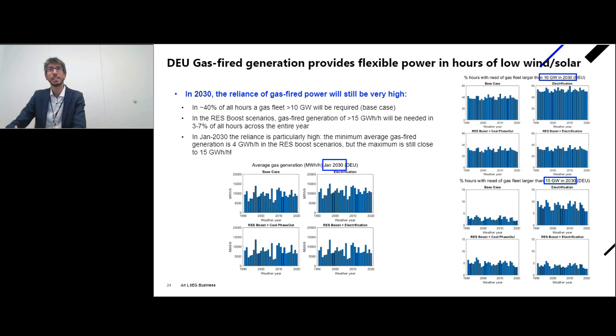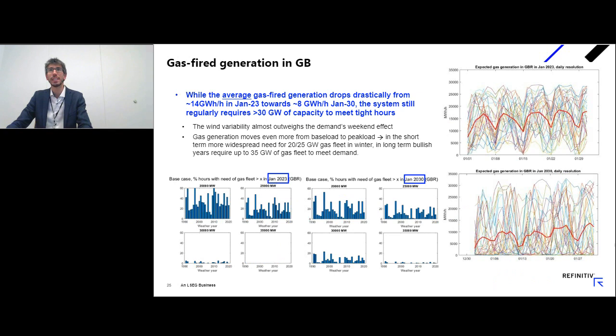So this is really consistent with what we expected, but that is showing that not all the problems are solved, and there is still a lot of need for gas assets, even in the most extreme scenarios.